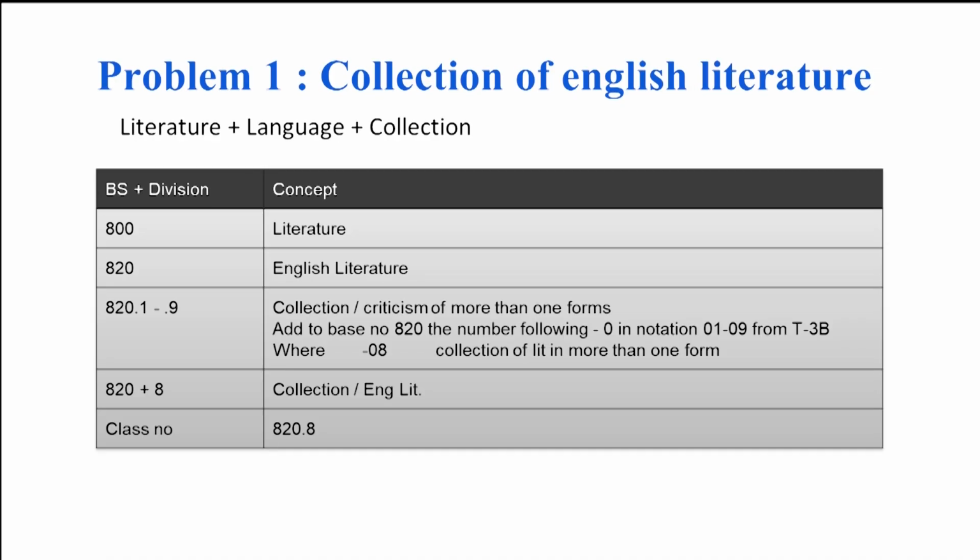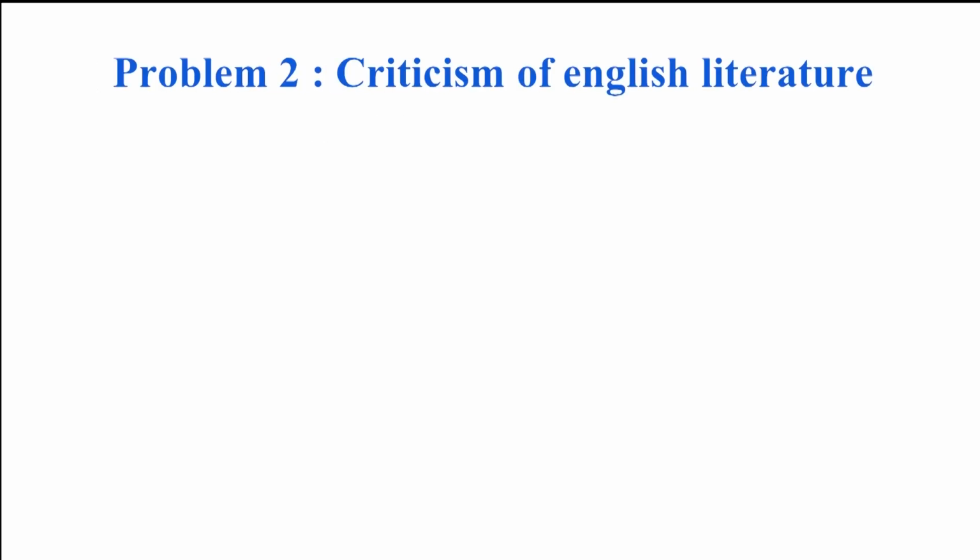So 820 English literature plus only 8 will appear as per this instruction. So 820 plus 8 means collection of English literature. So therefore again we have to write class number equal 820.8.